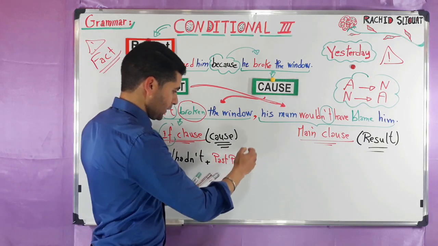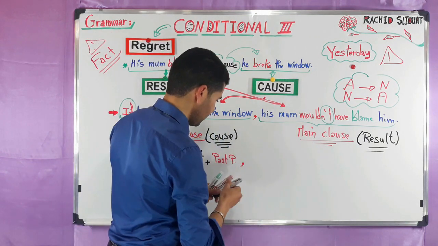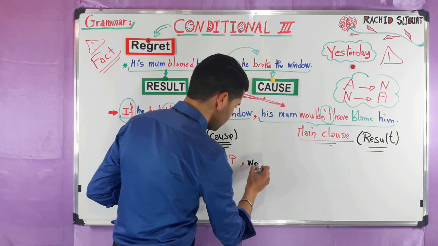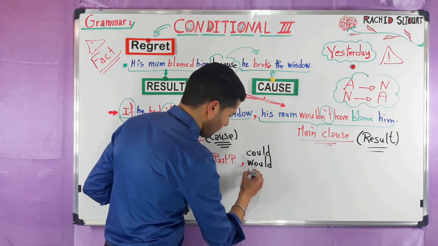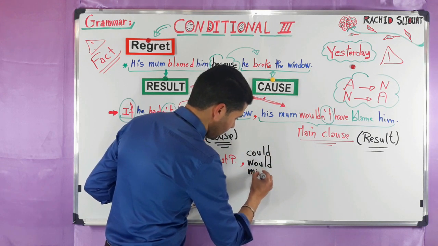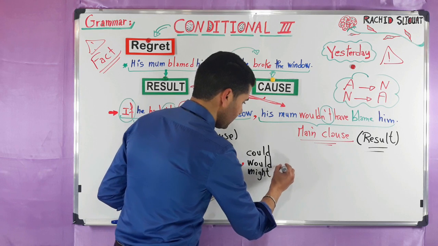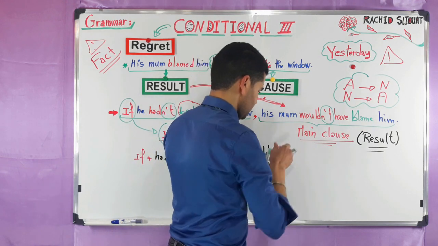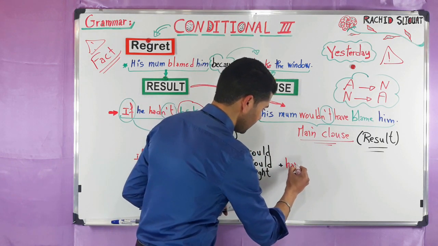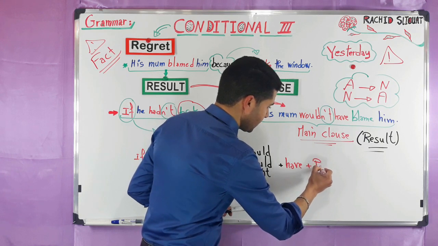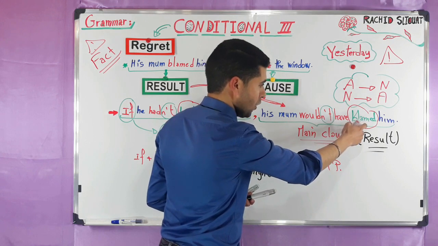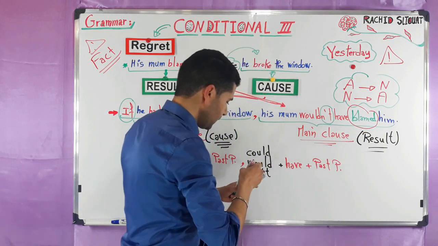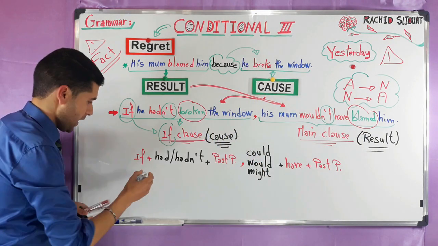For the main clause, we have would, or could, or might, plus very simply have, plus the past participle of the verb. So this is the form of a conditional 3, or type 3.